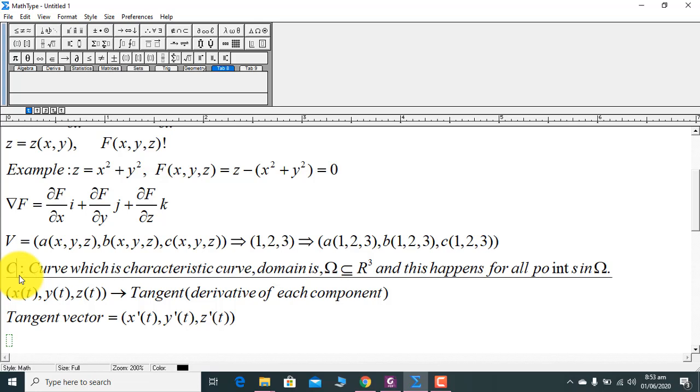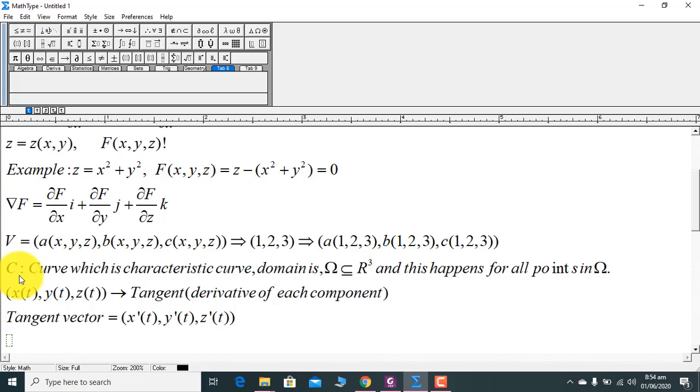You are taking the point, not 1 2 3, but 7 8 9. At 7 8 9 you will get a vector. This is one thing. And at that 7 8 9, if you have a curve C whose tangent vector at that point is also A of 7 8 9, B of 7 8 9, and C of 7 8 9, then that particular curve is known as a characteristic curve.